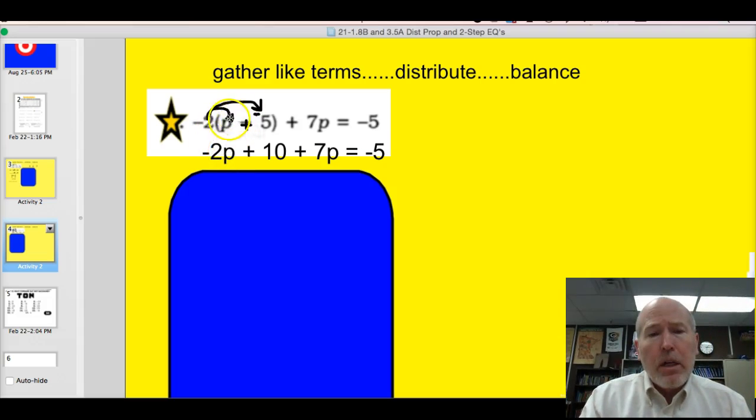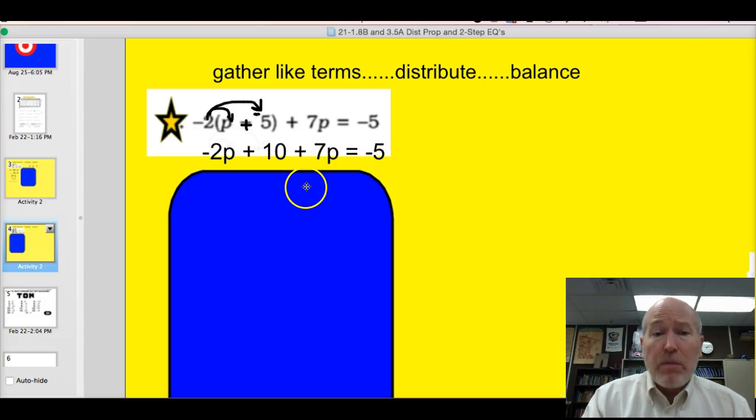This here is actually minus 5, but I changed it to plus a negative 5, because now we also have to distribute that negative 2 times that negative 5. 2 times 5 is 10, and we have 2 negative signs, so a negative 2 times negative 5 is really a positive 10. So when I distribute out that negative 2, I have negative 2p plus 10. And then I just add that 7p, and that equals negative 5.